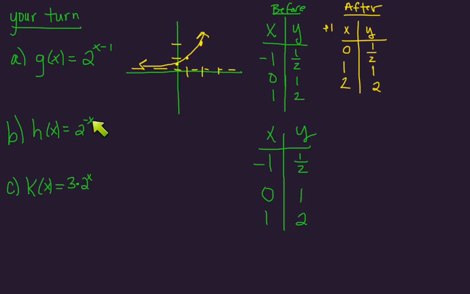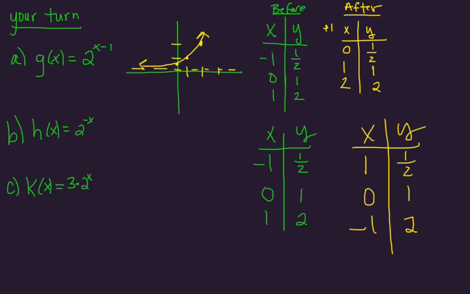Isn't x negative right there? So all my x's are going to be negative. So my new coordinates, x and y: that'll be 1, 0, -1, but 1/2, 1, and 2 don't change.